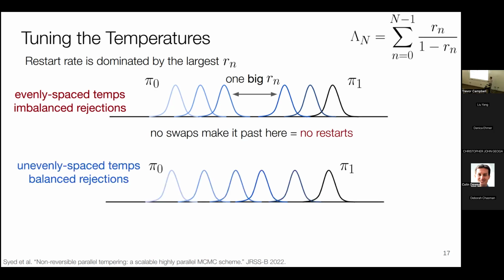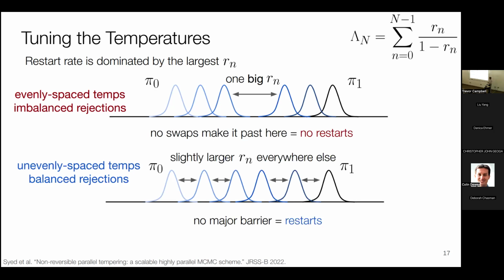What you want instead is to use unevenly spaced temperatures, which then give you balanced rejections, which means that you have usually a slightly larger rejection rate everywhere else, but the maximum, the worst-case rejection rate, is small. Saif, in his earlier work, proved that this actually minimizes that finite chain global communication barrier. So you want equi-rejection: you want all the rejection probabilities to be equal.